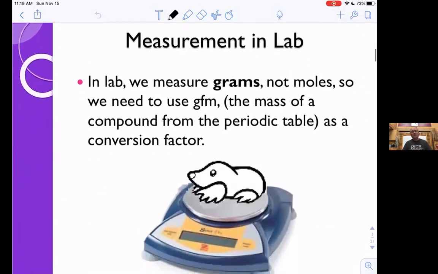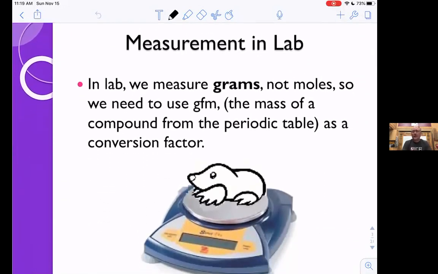When we're actually measuring things in lab, you can't just go over to a balance and measure a certain amount of moles of a substance. That's not possible. What you use on a balance is going to be mass. So mass is something tangible, so you can go measure the mass of something. But to know how much of one substance you need relative to another substance, you need your mole ratio from your balanced equation.